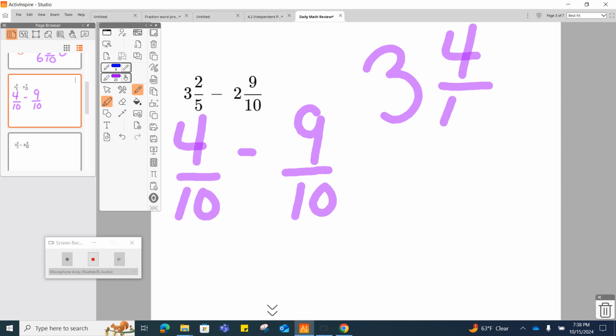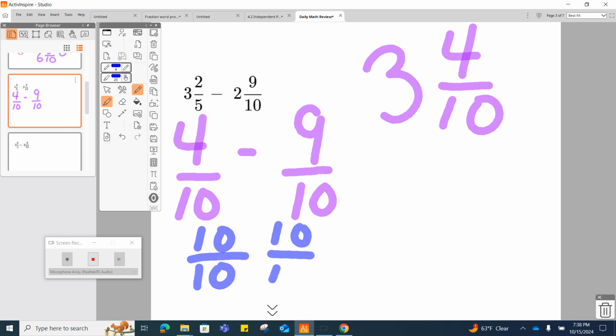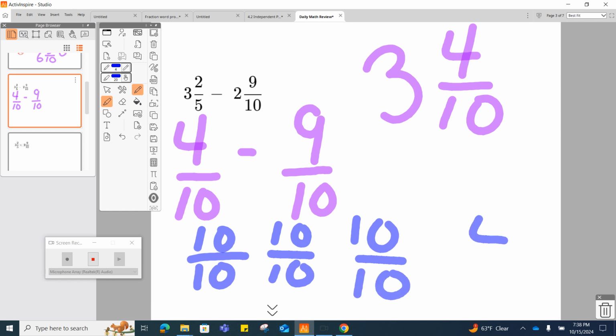Now, each of these 3 wholes, technically, I know this is going to get confusing, try and bear with me, but technically, 10 over 10 is 1 whole. Another 10 over 10 is another whole. Another 10 over 10 is another whole. That's technically what we have.